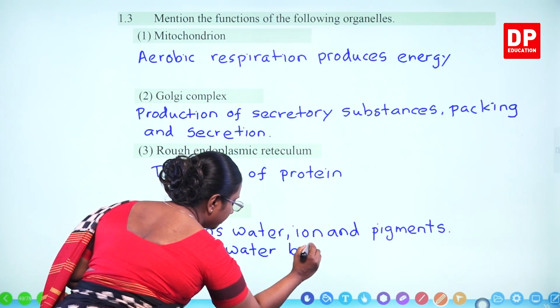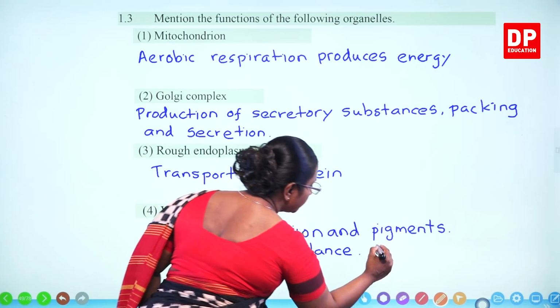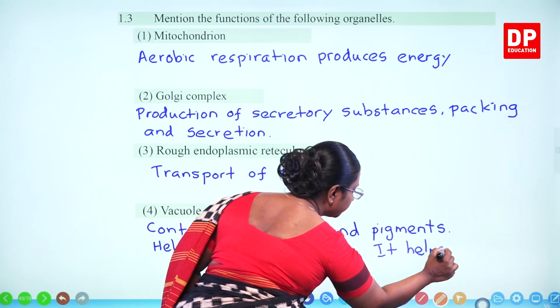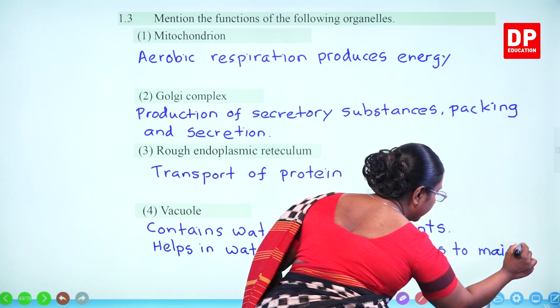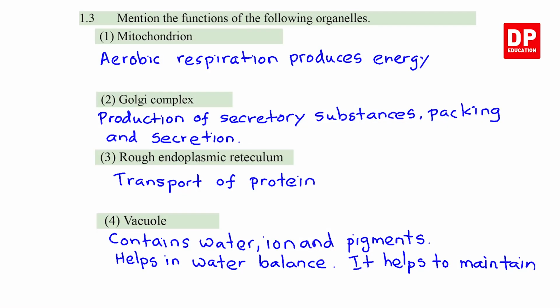Water balance. Also, it helps to maintain the shape of the cell.